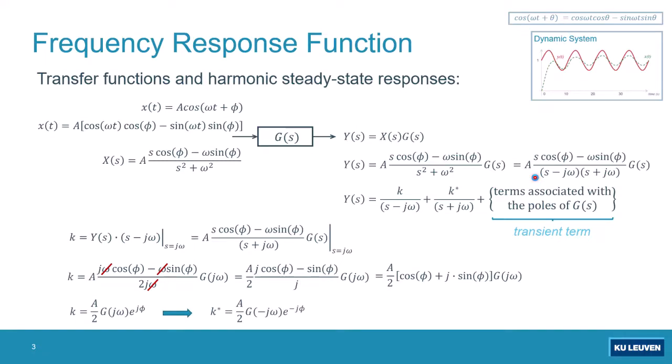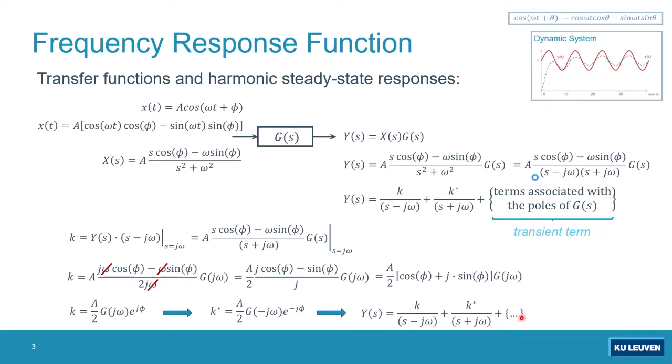So at this point, I have already found k and k star. So my Y(s) will be like this. K is this one, k star is this one. And then because now I'm interested more in the steady state response, I will neglect the remaining terms.